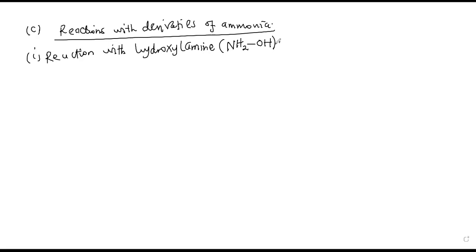These reactions generally with the derivatives of ammonia can be called condensation reactions. Here we've said that carbonyl compounds react with compounds containing the amino group. When I say amino group, this is the NH2 group.